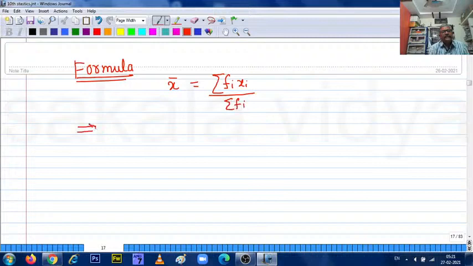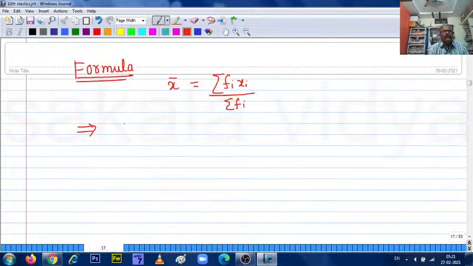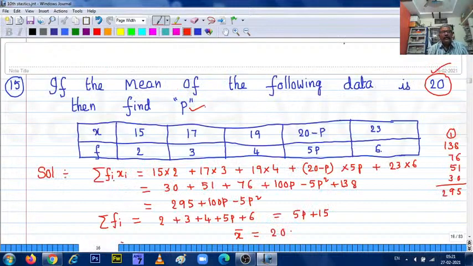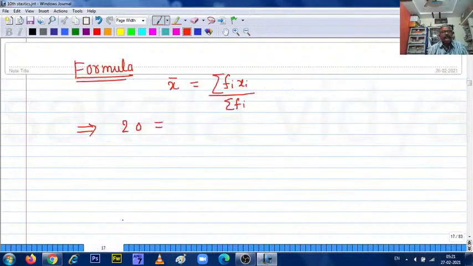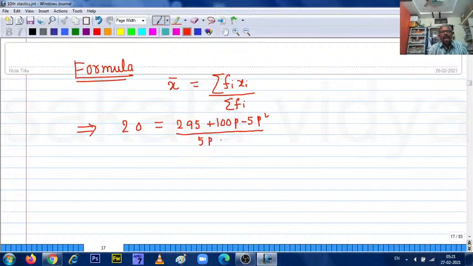So 20 equals 295 plus 100p minus 5p square upon 5p plus 15.